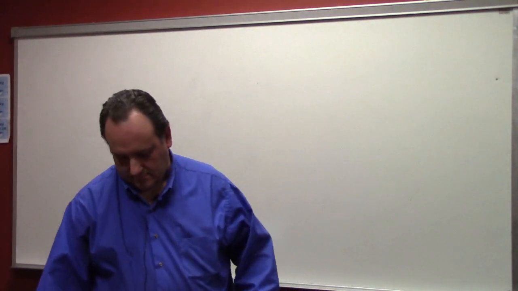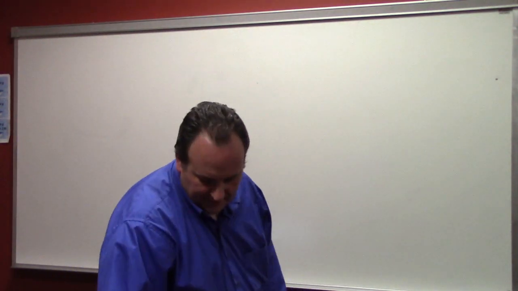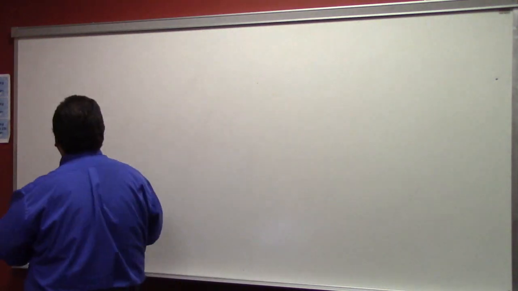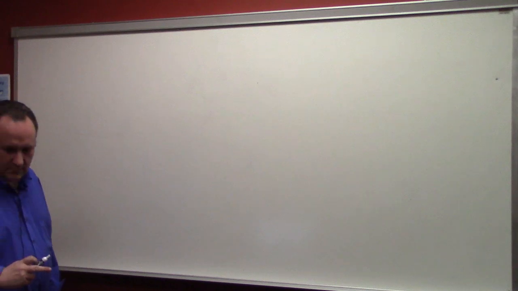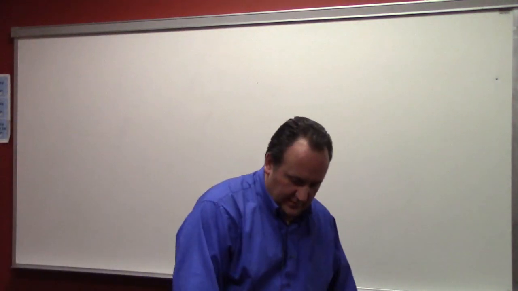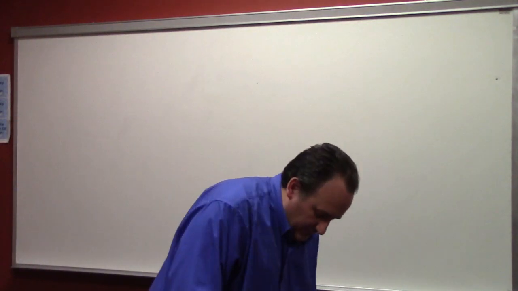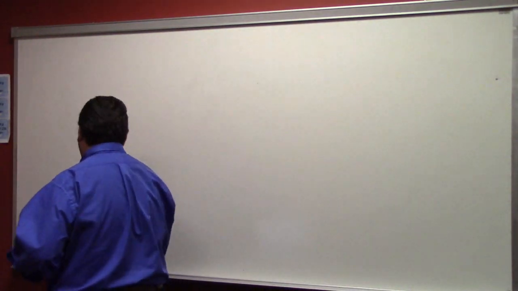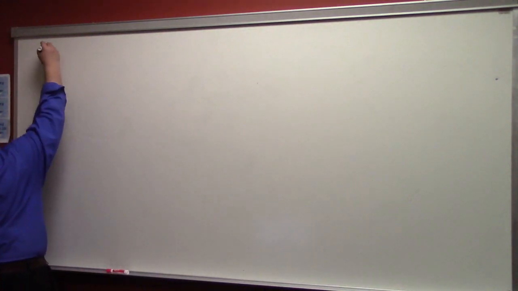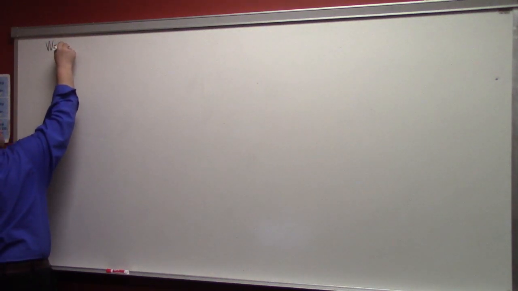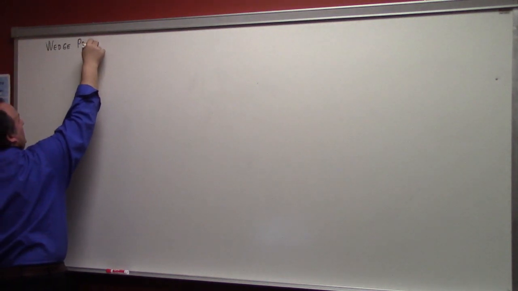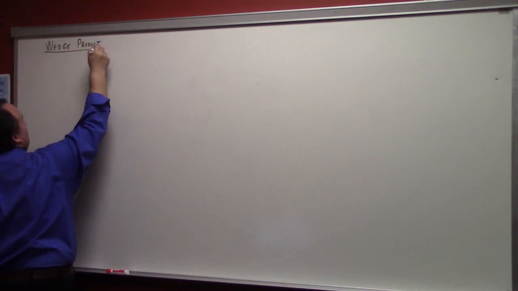Now, so we want to talk about the tensor product, I suppose, but really I'm after the wedge product today, and I want to talk about how to understand the wedge product.